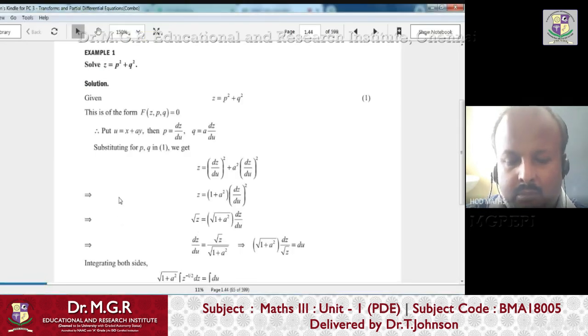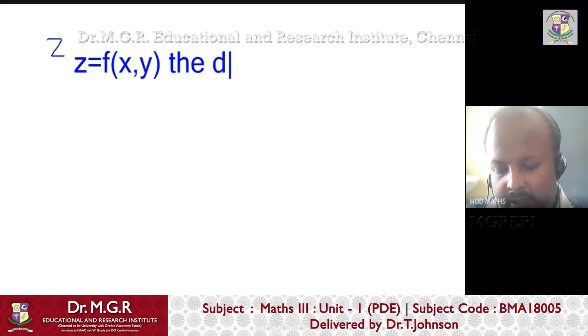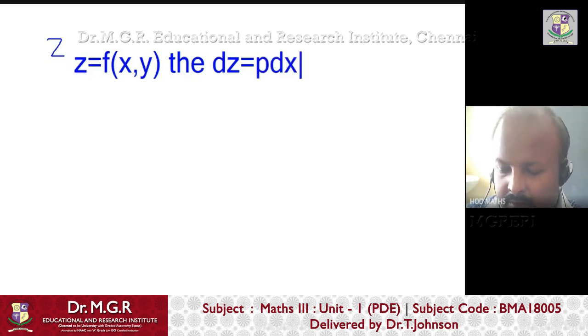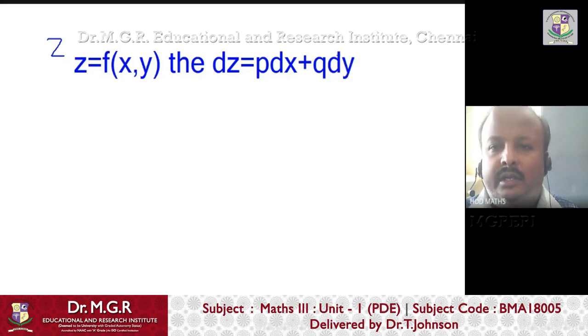If z is a function of x and y, that is, z equals f of x comma y, then dz can be written as p dx plus q dy. So you should remember this.